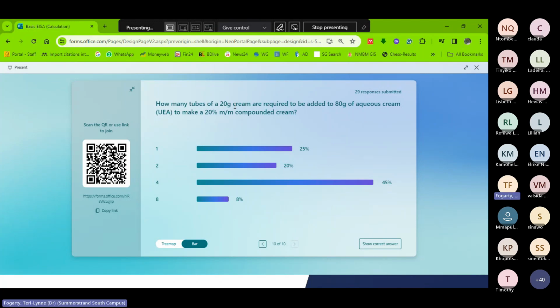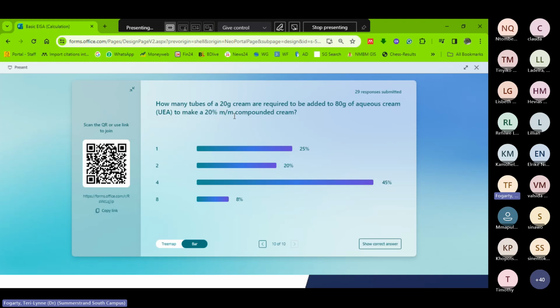Okay, 1, Khomotso. Okay, so 1 is correct. I have this on a slide as well, just to show you. But I made this quite simple to work out in that, remember we said mass per mass is grams per 100.